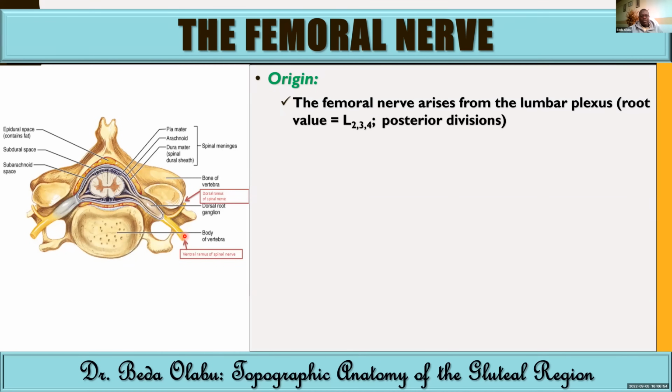And then the anterior division tends to supply the flexor compartments as well as the adductor compartments. Having said so, the femoral nerve is formed by the root value L2, 3, 4. So understand that those are ventral rami of L2, L3, L4, but specifically the posterior divisions of the ventral rami of L2, L3, L4.